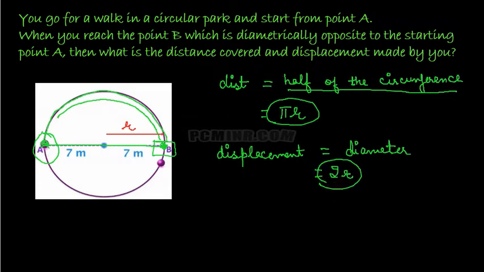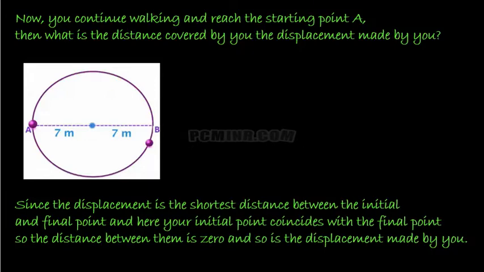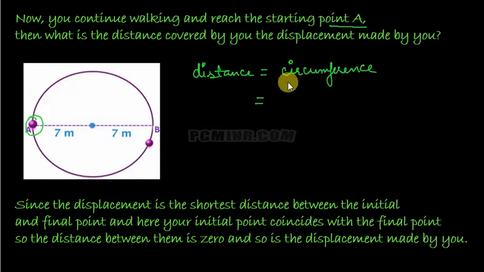Now you continue walking and reach the starting point A. So after taking the entire circle, you are back to the point A. Then how much is the distance covered? It is the complete circumference of the circle because you've taken the full round of this circular park.